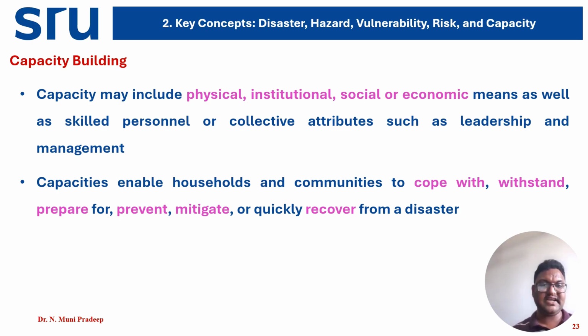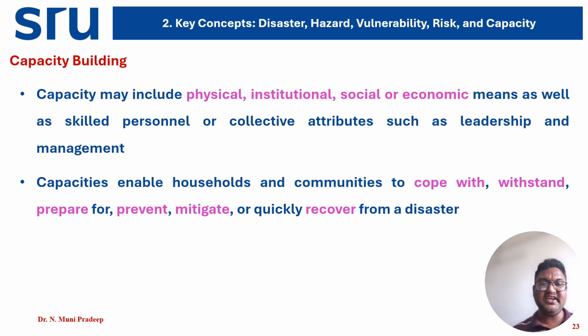Next one is social. Social means such as community self-help groups, women's collectives, and voluntary organizations, and it includes economic means such as crop insurance, emergency funds, and social security systems. So capacity means four categories. The first one is physical, such as well-built shelters, emergency equipment, and functioning hospitals. Hospitals are there; they should be functioning also.